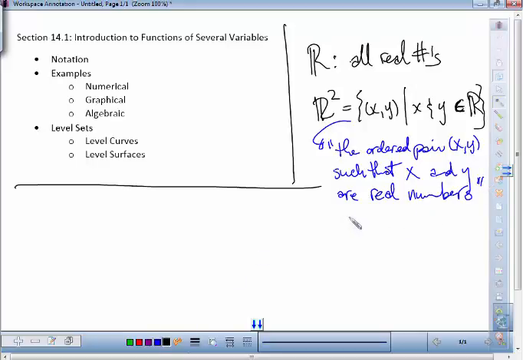And this symbol, in words, if you were to read this, you would say "is an element of." Okay?